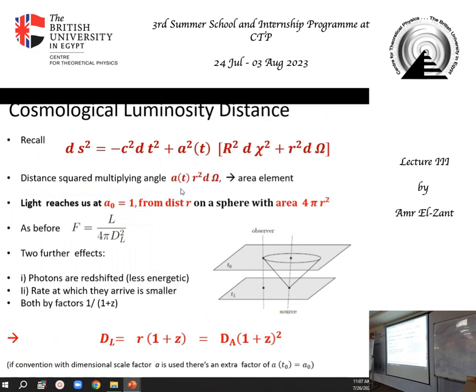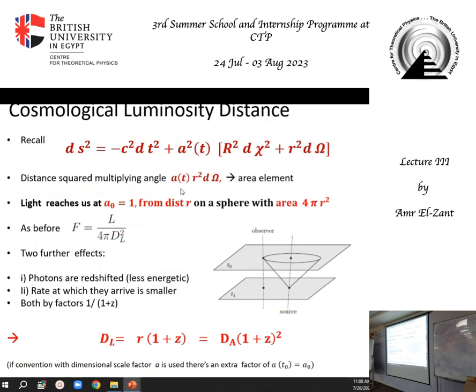So it's important to notice that the energy of the photons is redshifted on the way from being emitted from the standard candle, the light far away. On its way here, it's not only spread, but it's also redshifted. So its energy goes down by a factor of 1 over 1 plus z. Okay? And then also the number of photons arriving is less because of the expansion.